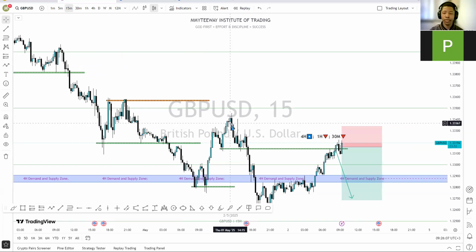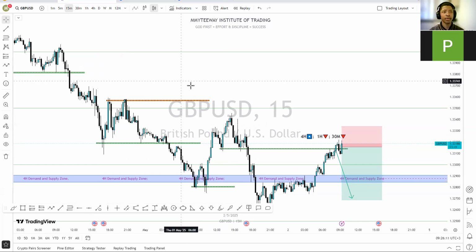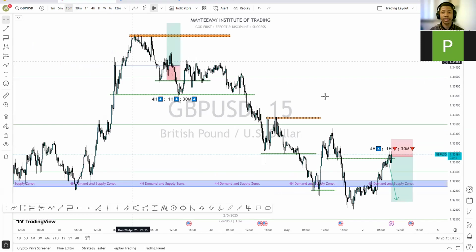GBP USD, as you can see, we have a clear downtrend here on the 4 hour, 1 hour, 30 minutes. We have a clear downtrend.